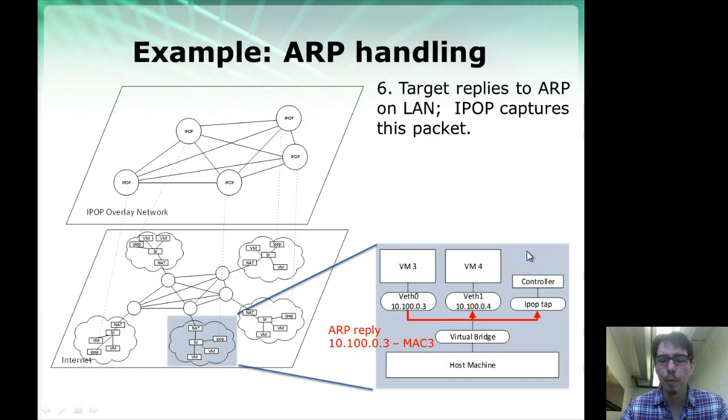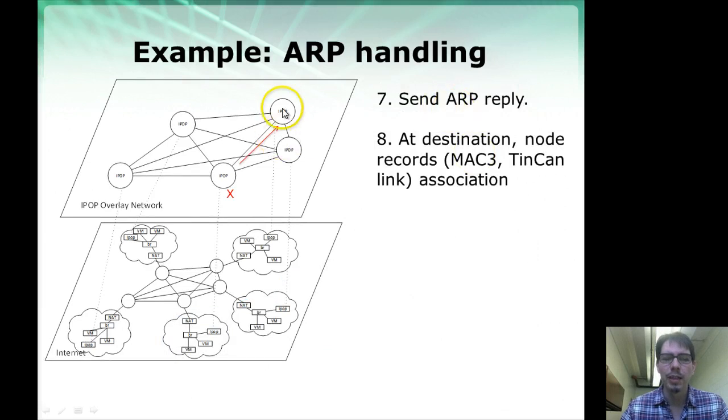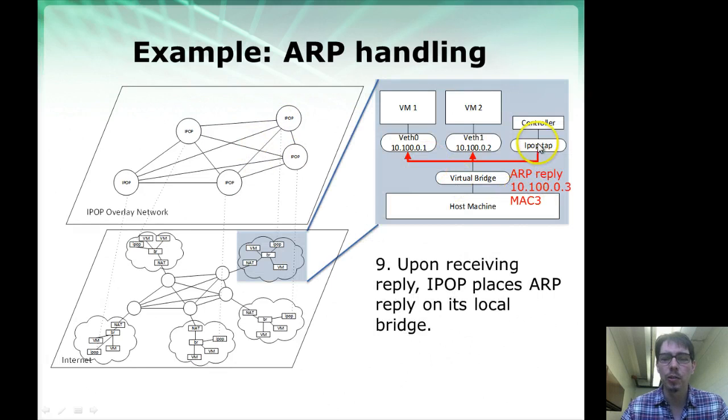The reply in the ARP protocol is destined to the source, and it's going to establish this mapping. Again, IPOP will capture this packet and send the ARP reply back to the source, and on the source, the ARP reply is going to be placed on its local Ethernet segment. Eventually VM1 receives the reply and understands that 10.100.0.3 now maps to this layer 2 address, MAC3, and anytime VM1 needs to send a packet to 10.100.0.3, its Ethernet layer will map to this MAC3 address.